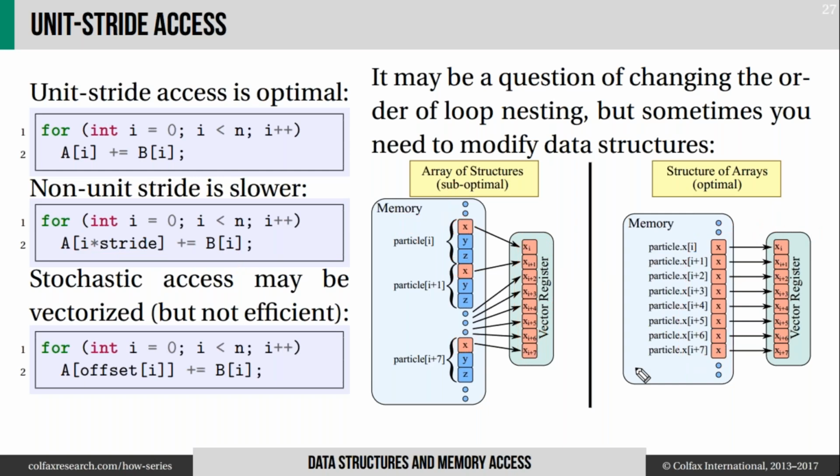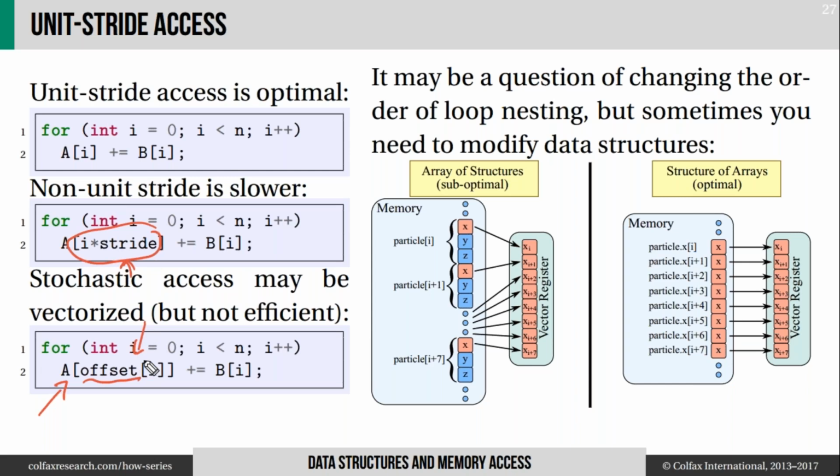Very significant. You should also be aware that if you have indirect access, where offset is in general a stochastic function of i, this is going to be even less efficient. In fact, if the offset can be expressed as an expression, something like this, you are better off doing that than hiding the offset in an array.